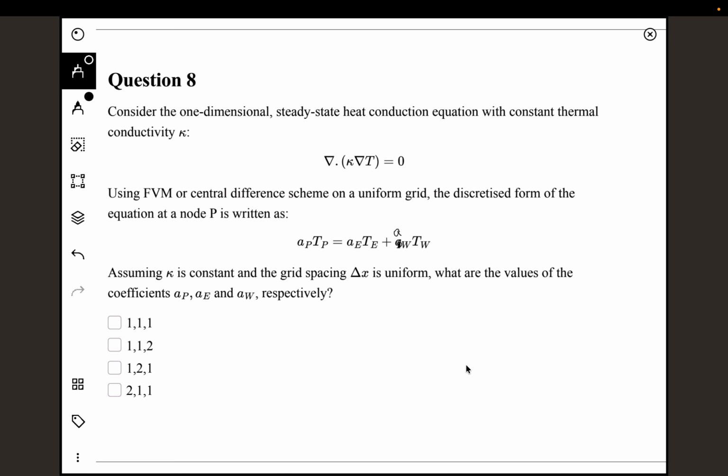Assuming kappa is constant and grid spacing is uniform, what are the values of the coefficients AP, AE, and AW? So if this is constant, we can write this as simply del square T is 0. Central difference scheme using FVM or central difference scheme, this will essentially give me T east plus T west equals 2 times TP. So I have AP as 2, A east as 1, A west as 1.